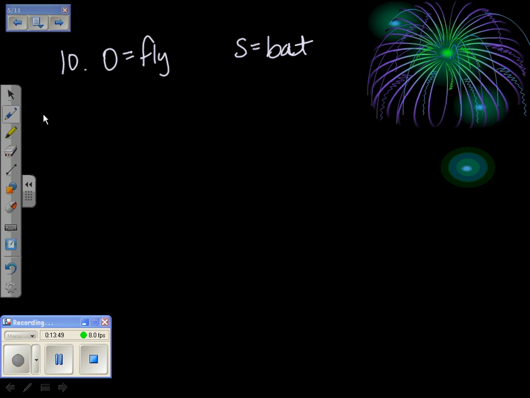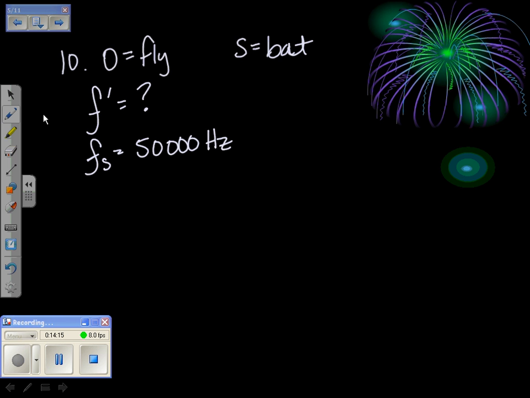So I want to find out for 10 what frequency the fly hears. That's F prime, my question mark. So what frequency does the bat give off? As I read the problem, the frequency that the bat emits is 50,000 hertz.